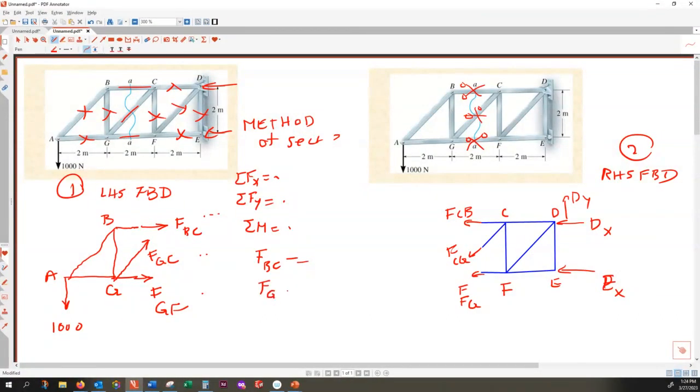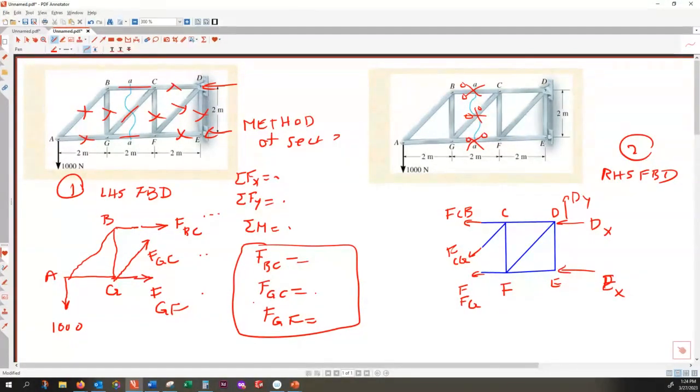I get FGC is equal to something, and I get FGF equal to something, right? So anyone has a problem accepting this? So you agree with me? After solving this free body diagram, I am capable of finding these forces. Okay, thank you very much.